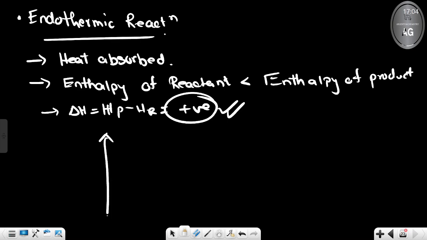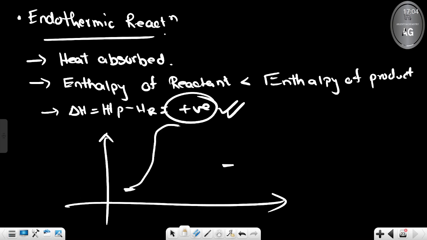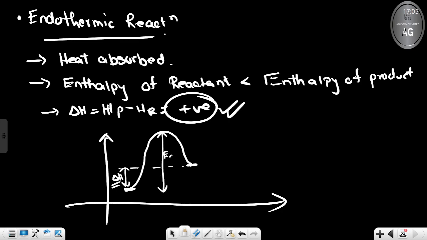So the graph will look like an energy band diagram, reactants, products. Heat absorbed. This is the heat absorbed. Then it went to a higher state. The energy barrier crossed is EA.